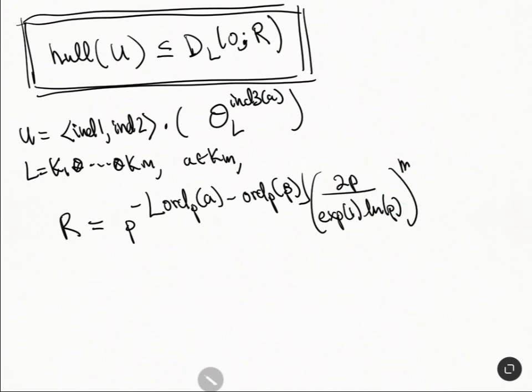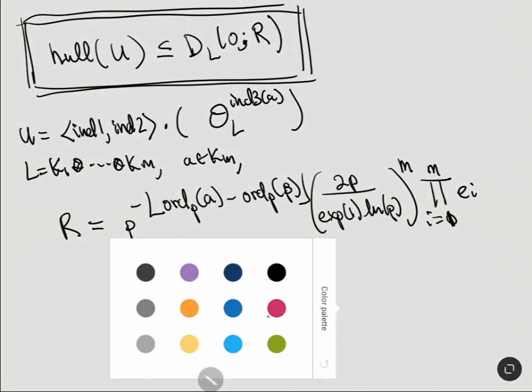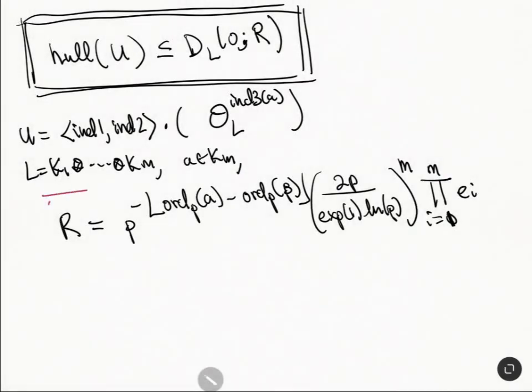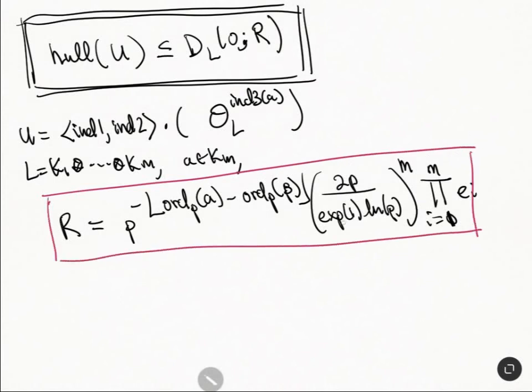This is all raised to the mth power, and then we have the product from I equal to 1 up to m of ei, like so. So this is our radius here. EIs are the ramification degrees here. X is the exponential. This is like 2.7182882, whatever.